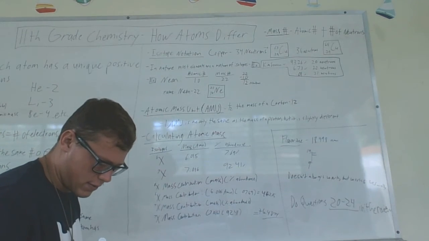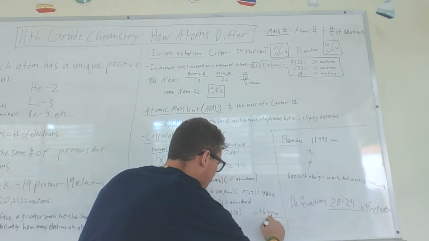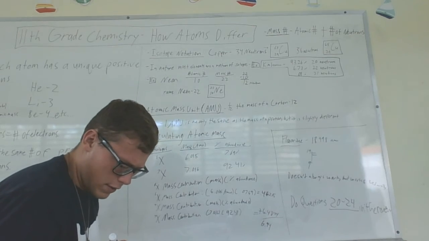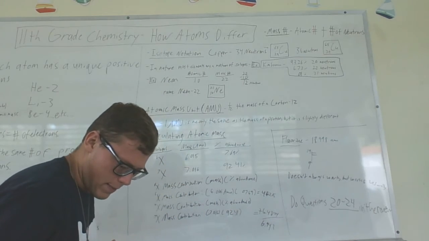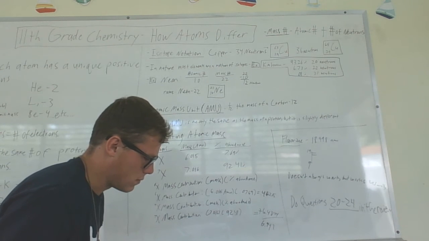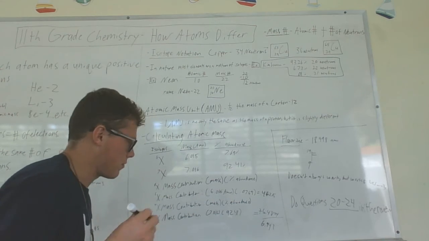Is that right? Yes. Good work. Go team. 6.941. Okay? Depending on rounding you might get a slightly different number, but you get a number close, okay?